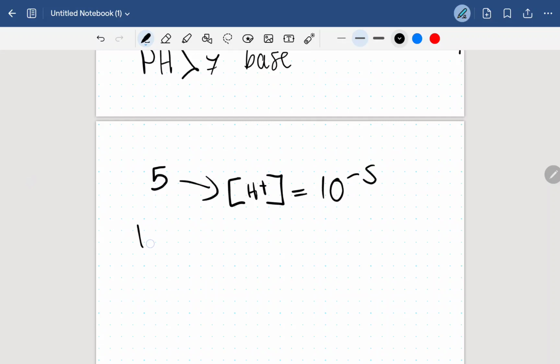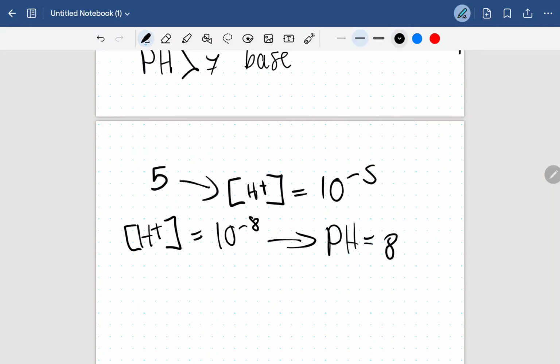If they gave us H plus to be 10 power negative 8, without putting it into your calculator, your pH will equal 8. See what's happening here? The pH is the negative exponent of the H. And how do you know it's not a negative number? Because pH can never be negative. You can't have negative pHs.